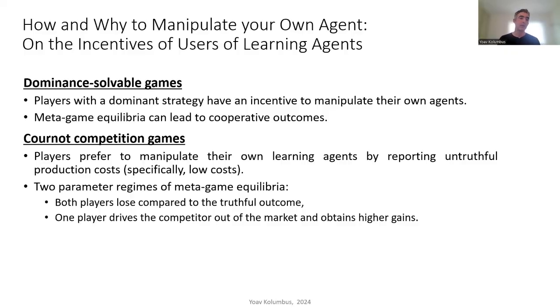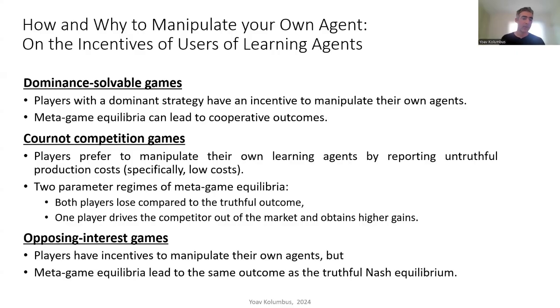And we see two types of equilibria that can arise depending on the structure of the underlying game. In one type of equilibria, all the players try to manipulate their own agents, but eventually everyone loses from this. So this is similar to a prisoner's dilemma. And in a different type of equilibria, one player actually manages to drive the opponent out of the market and increase his own gains. And in opposing interest games, those are games similar to matching pennies, we see that players have incentives to manipulate their own agents.